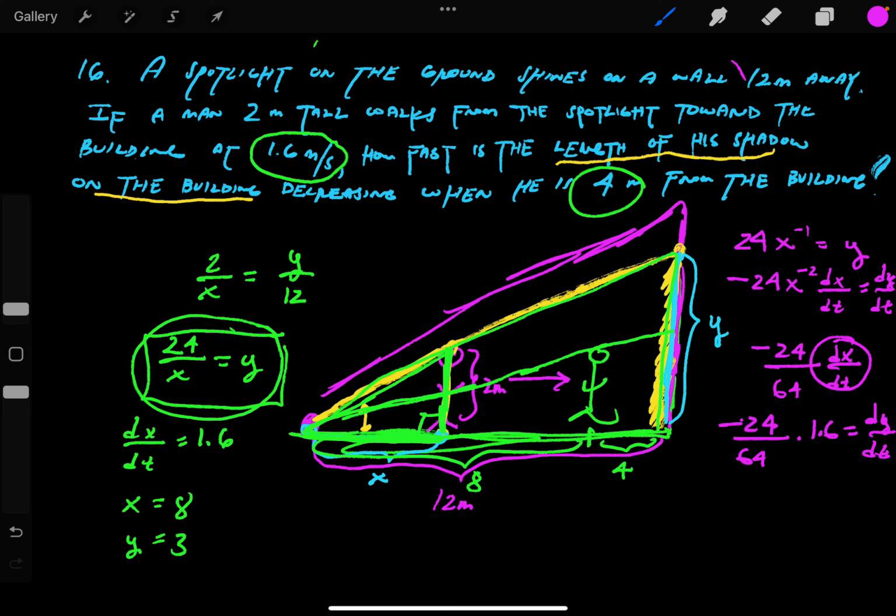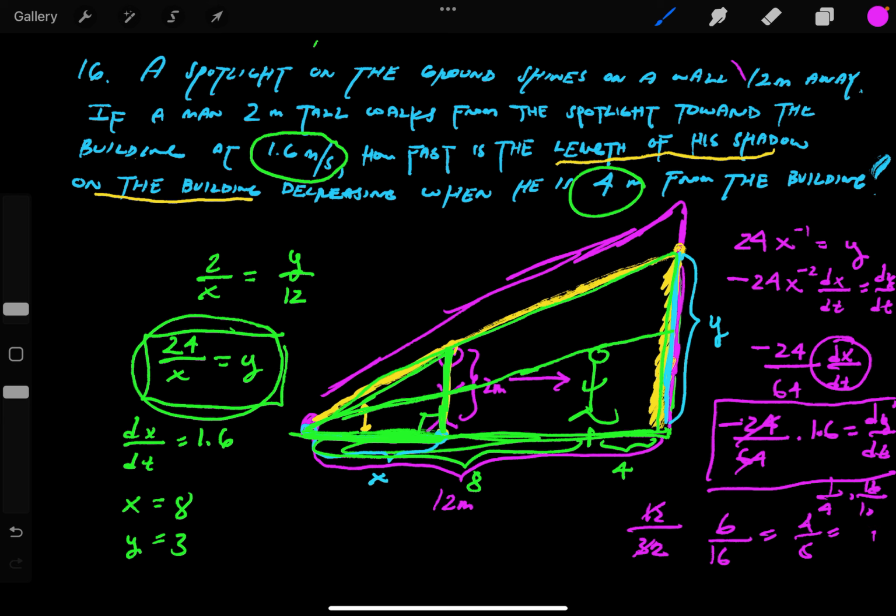And that's the rate at which his shadow is going to be decreasing. I could do the math here.